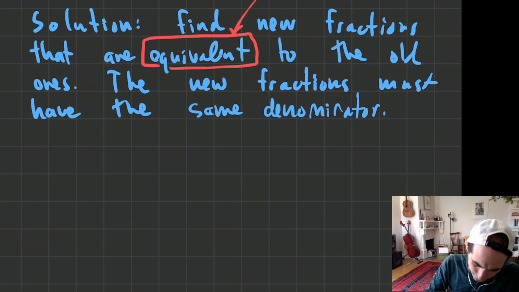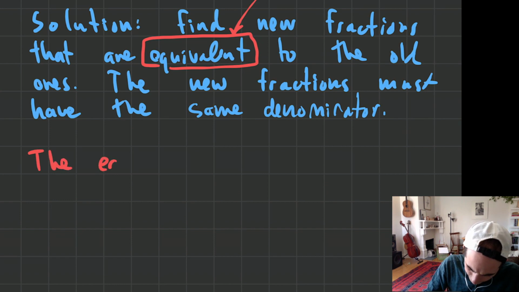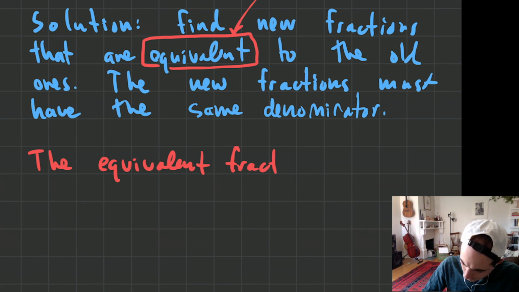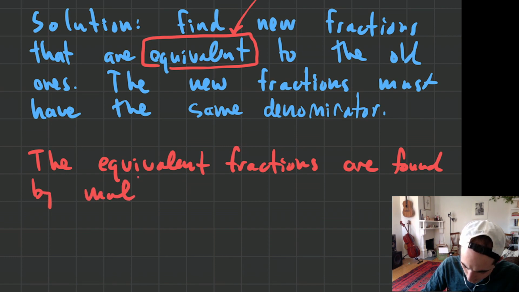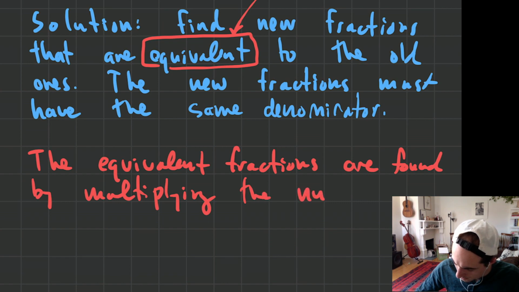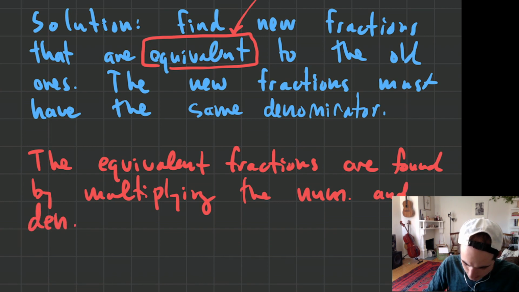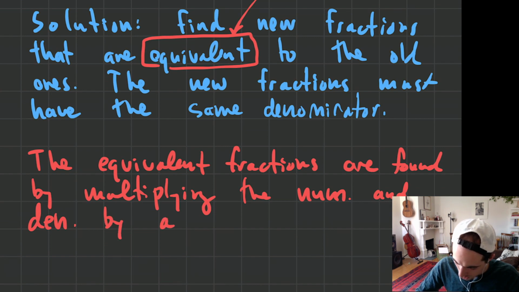So the equivalent fractions are found by multiplying the numerator, I'm going to write num, and denominator, I'm going to write den, the numerator and denominator by a common value.